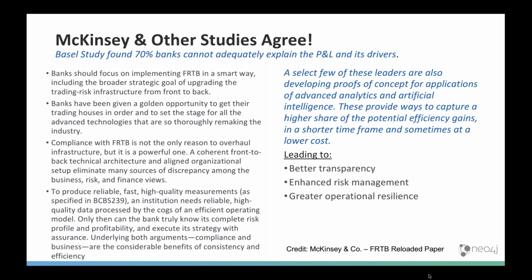And so McKinsey also mentions that a select few of these leaders are developing proofs of concept for applications of advanced analytics and artificial intelligence, and this provides a way to capture a higher share of the efficiency gains in a shorter time frame and sometimes at a lower cost. So there is a lot of literature out there that FRTB specifically and other regulations will take 3 points off your bank's P&L because of all the higher capital reserve ratios that are required and so forth.